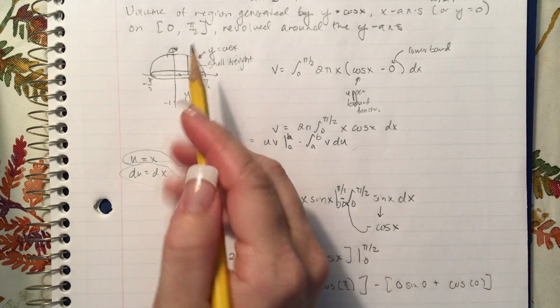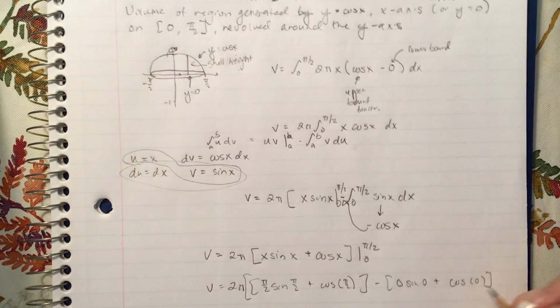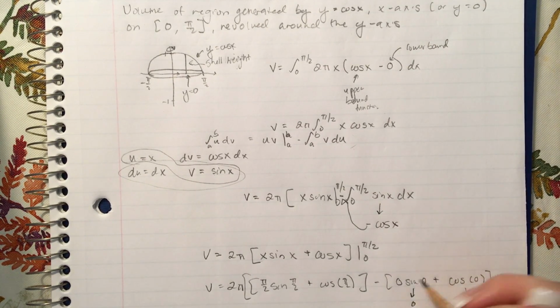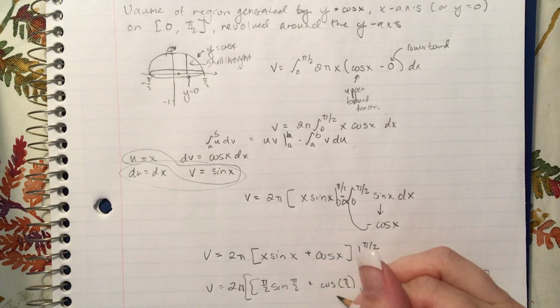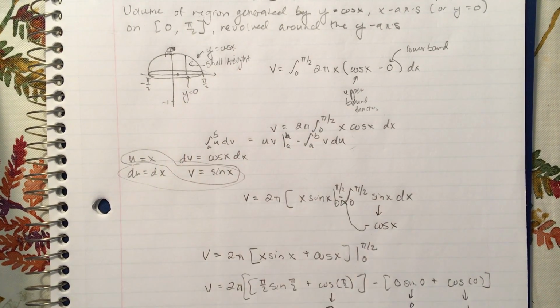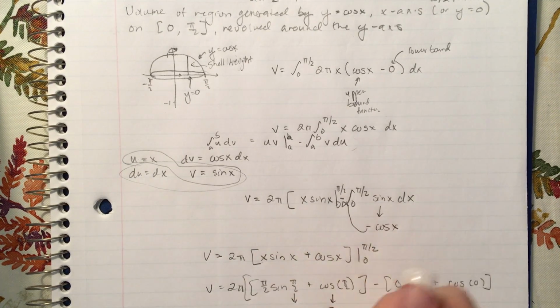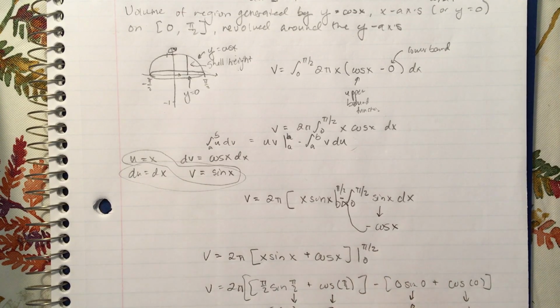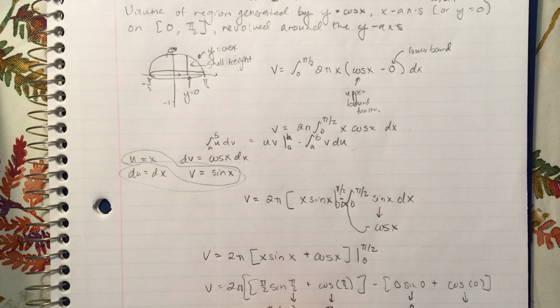So cosine 0, since we can tell from here, is going to be 1, and this is 0, of course, because it's 0 times 0. Cosine pi over 2 is going to be 0, which we can see here. And then sine pi over 2 is going to be 1, so it's going to be pi over 2 times 1. So v equals 2 pi times pi over 2 minus 1.